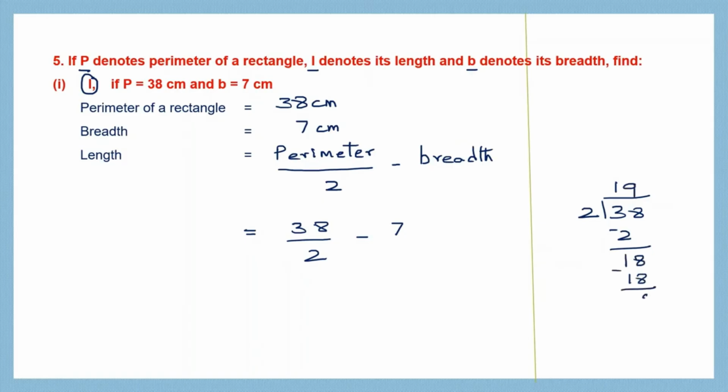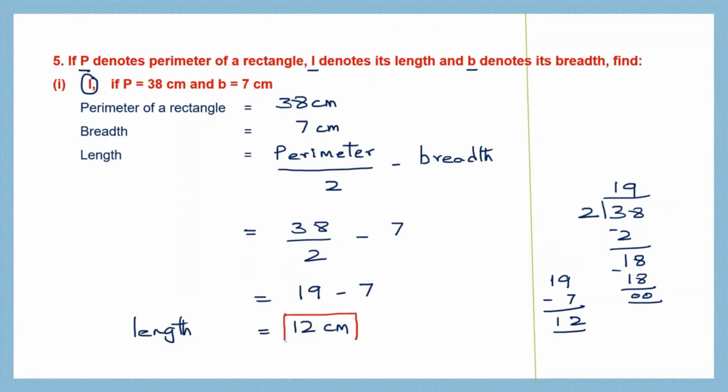So we've got 19. 38 divided by 2 is 19. 19 minus 7. 9 minus 7 is 2 and 1. So we have found the length to be 12 centimeters. So we've got our answer by using the formula. Length is equal to 12 centimeters.